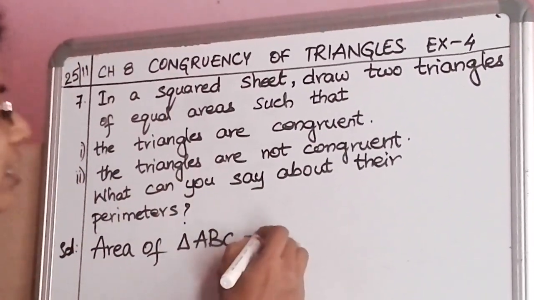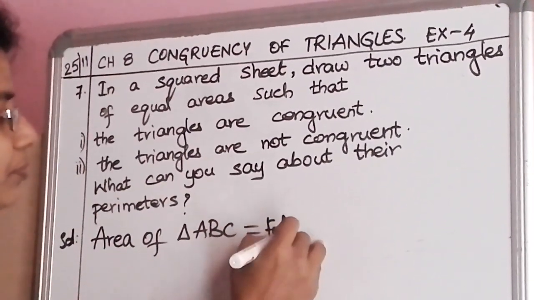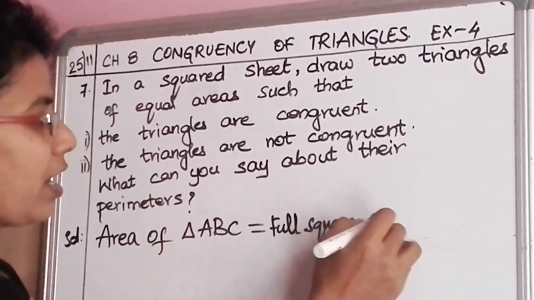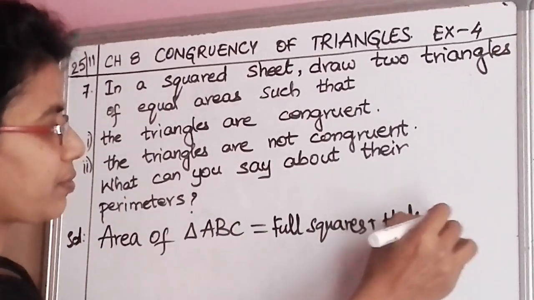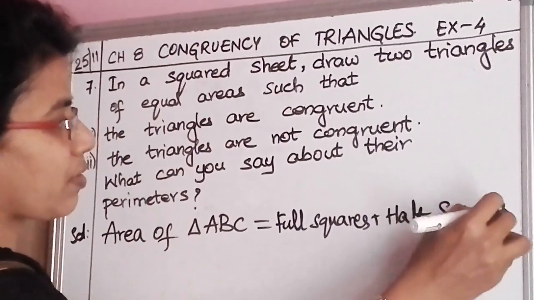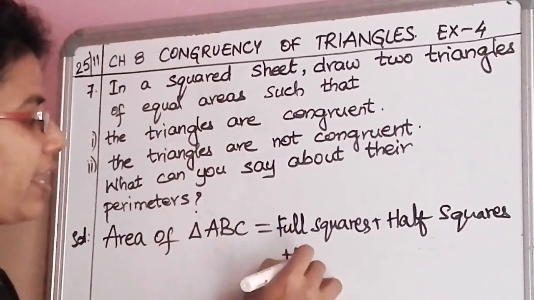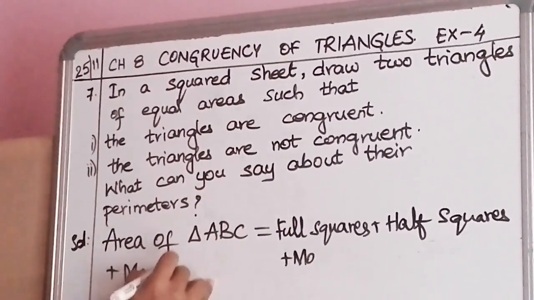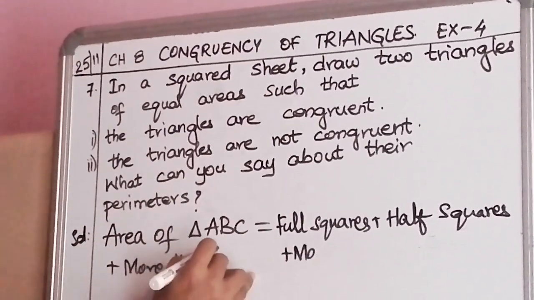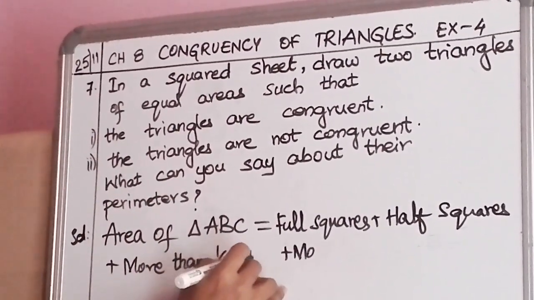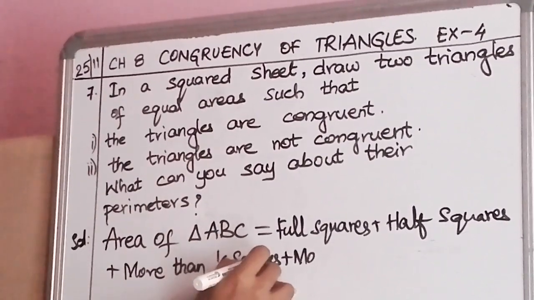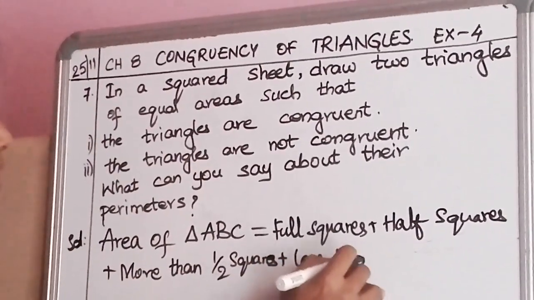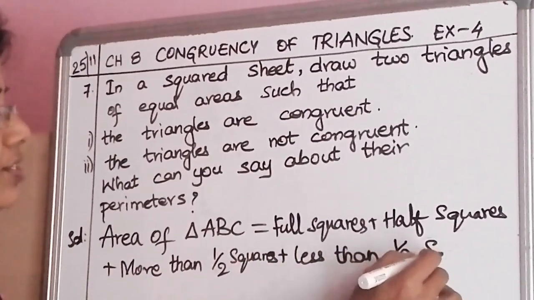Okay, so here full squares plus half squares plus more than half squares plus less than half squares.